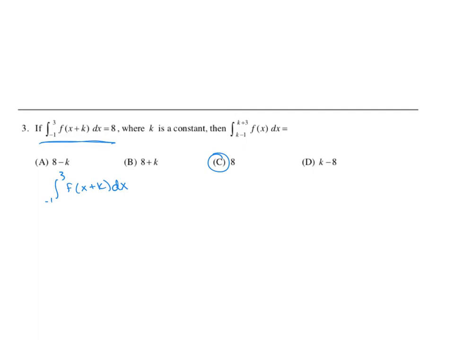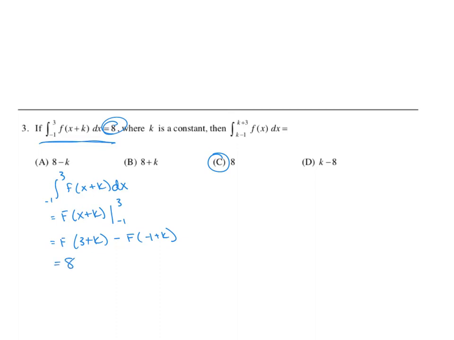The antiderivative of f is big F. And if I were to plug in -1 and 3, I would have F of 3 plus k minus F of -1 plus k. And we're told that this is equal to 8, so this is 8.